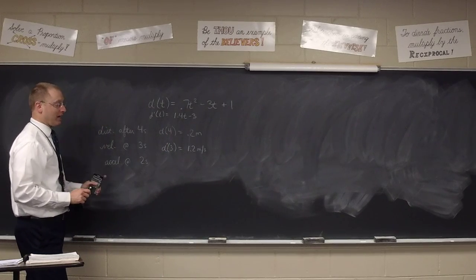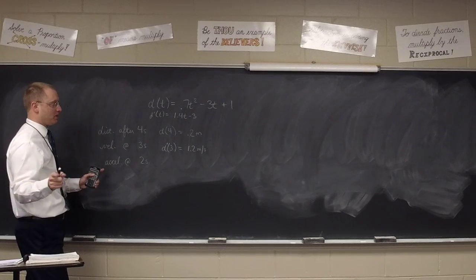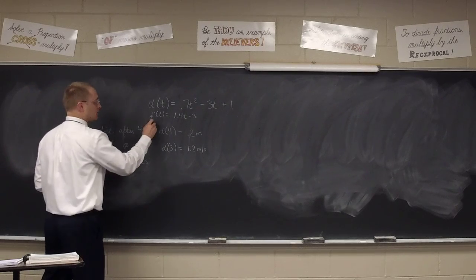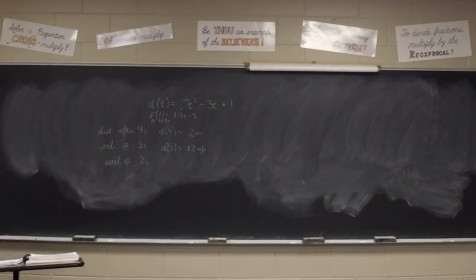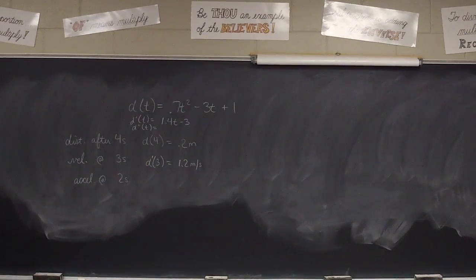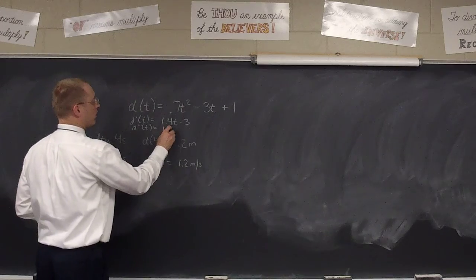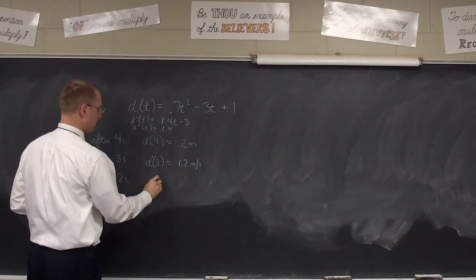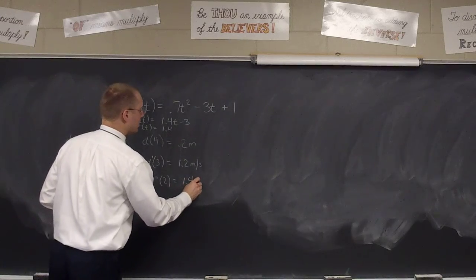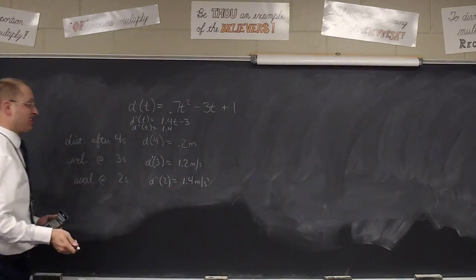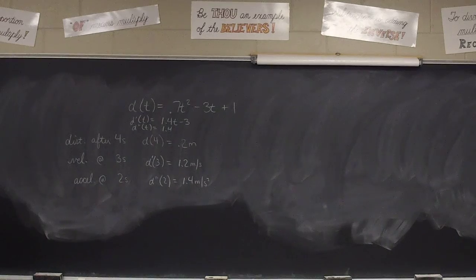And then we want the acceleration at 2 seconds, Jamie. That means we need to find the second derivative, d double prime of t. And what is that second derivative? 1.4. And so d double prime of 2 is 1.4 meters per second squared. So, I mean, the object is accelerating. Maybe it started at a huge deficit. So I'm really curious here.